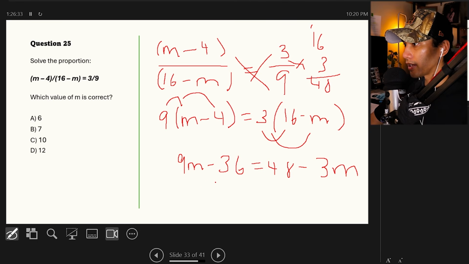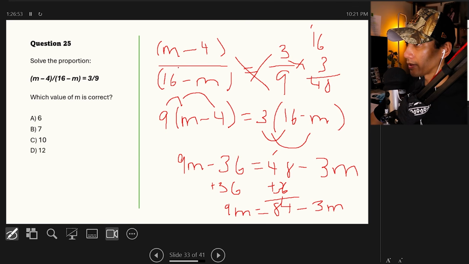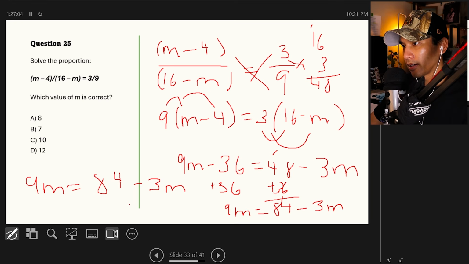So plus 36 on both sides, 9m equals 84 minus 3m. Plus 3m. I don't know if I did this right. So it'll be 12m equals 84.